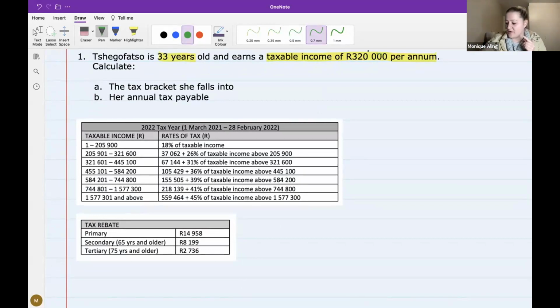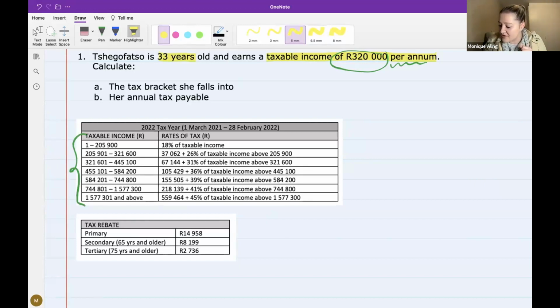Okay, so we're looking at this salary amount. Remember, it always needs to be the yearly salary. We know it's the yearly one because it says per annum. Now we go look at these brackets over here. We can see that 320 falls within this range, that bracket. So your answer would be tax bracket 2.